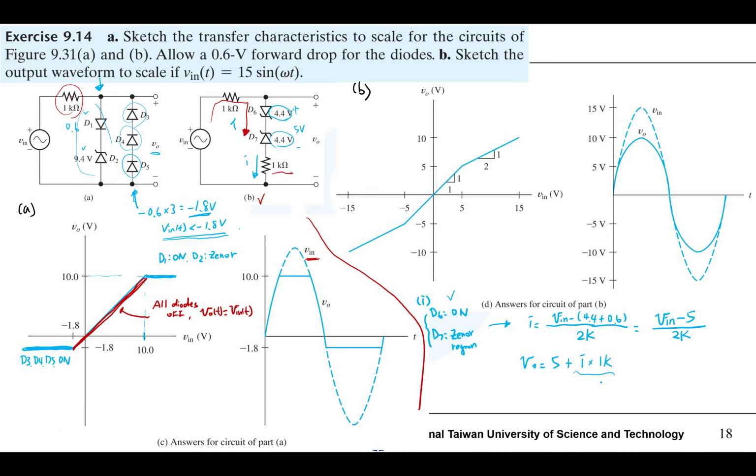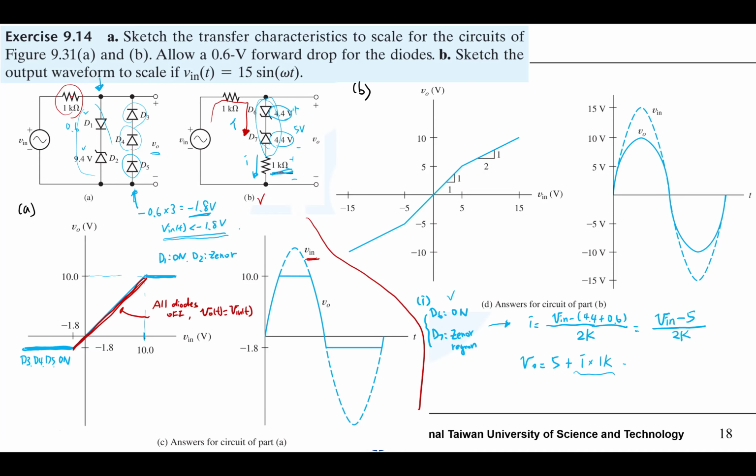Because when this branch is on, the voltage across these two Zener diodes is fixed at 5 volts. But the voltage across these resistors depends on the current. So we have 5 plus IR, which is the voltage drop across these resistors.